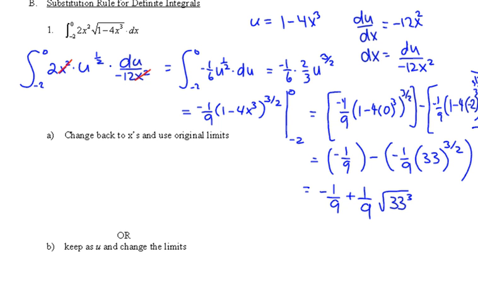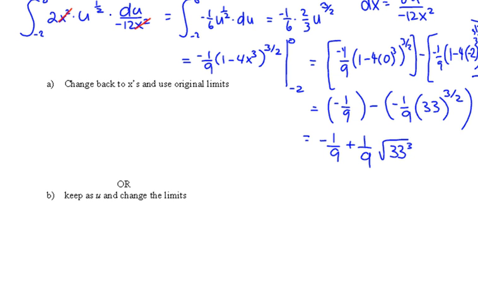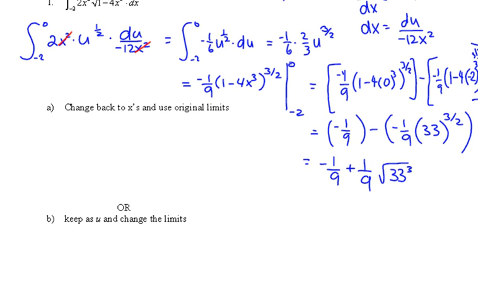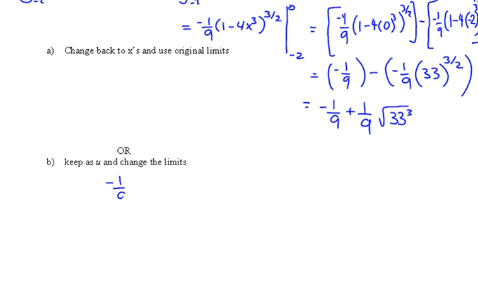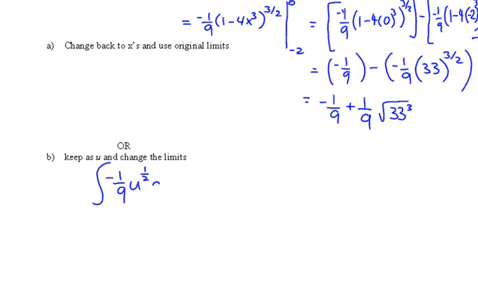Okay, now there's another way. Do you guys do all this work in the first box? Yeah, you probably do. Okay, the other option is when we are at this point, before substitution, when we had negative 1 ninth u to the 1/2 du.